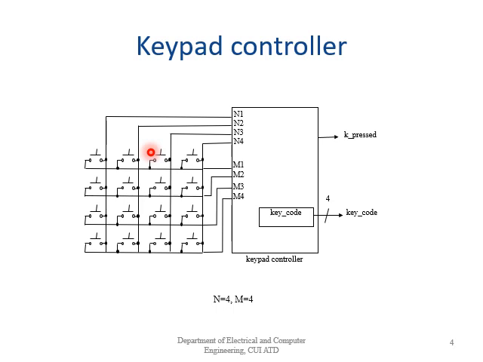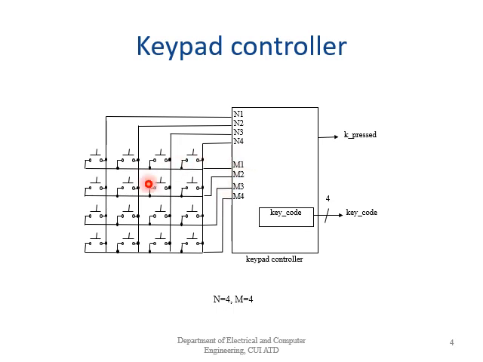A simple keypad has buttons arranged in n columns by m rows. These are columns 1 2 3 4 and rows 1 2 3 4. The device has n outputs, each corresponding to a column, and m outputs, each corresponding to a row.